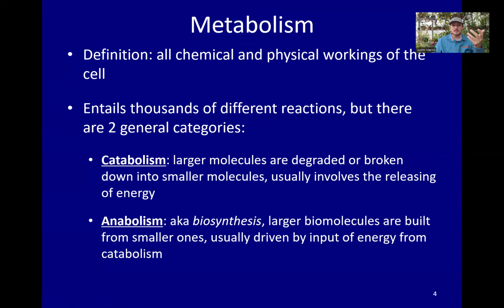There's actually thousands of these chemical reactions that are all networked together in a series of very convoluted feedback loops and regulatory pathways that respond to the external environment and the internal environment of the cell to keep the cell living.